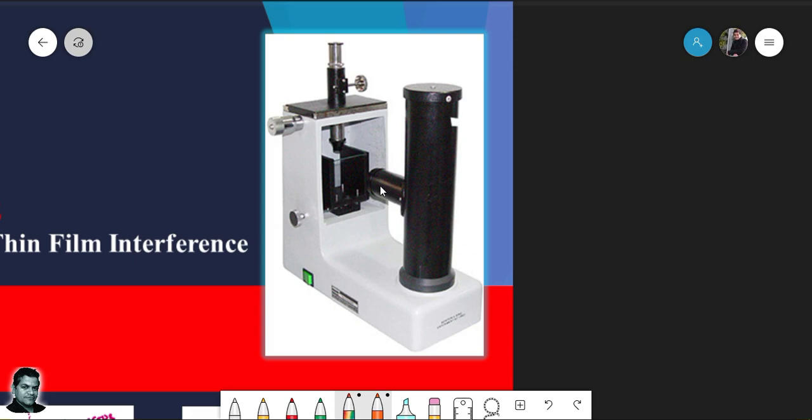Then the yellow light is forwarded to this setup here. This is the glass plate, and down here is the plano-convex lens setup, and here is the traveling microscope, where during the experiment you look from this side and the interference is happening here. So the Newton's rings are formed here, and you look through this microscope and you see nice interference patterns.